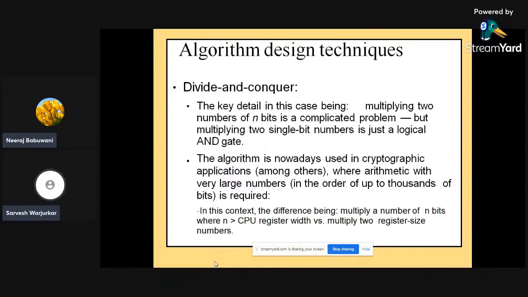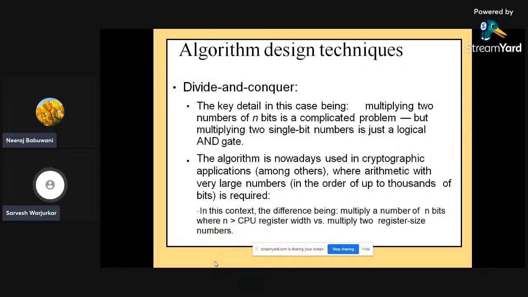The key detail in this case is multiplying two numbers of n bits, which is a complicated problem, but multiplying two single bit numbers is just a logical AND gate.